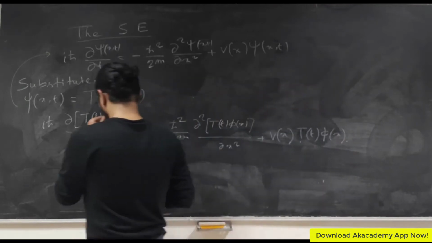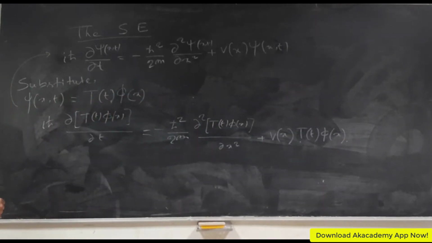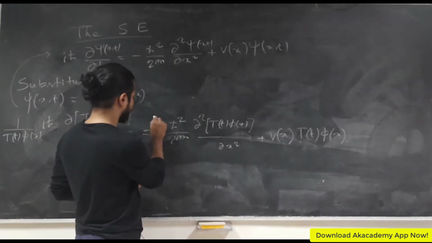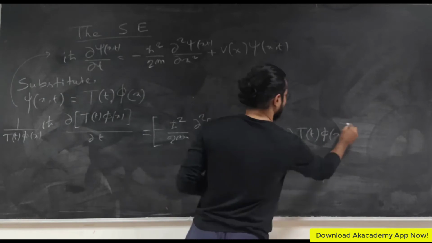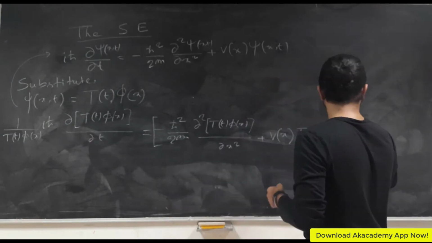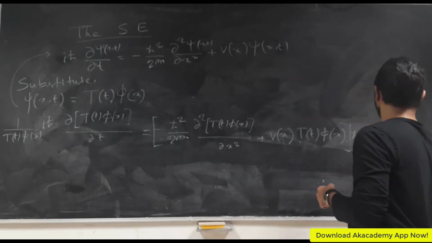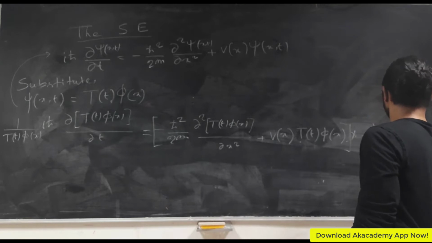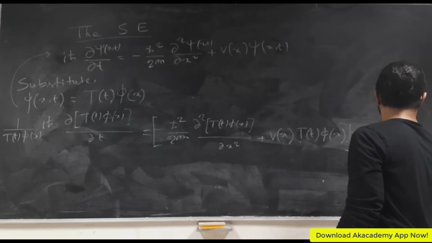Now we can divide this whole thing by T as a function of t and phi as a function of x on both sides.